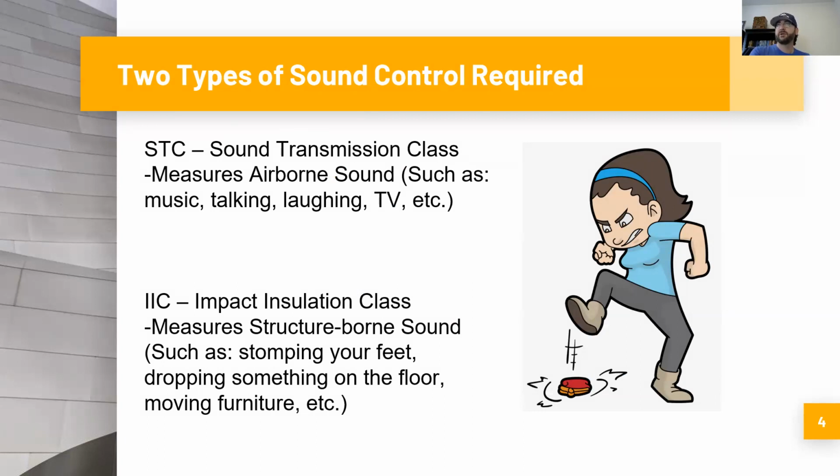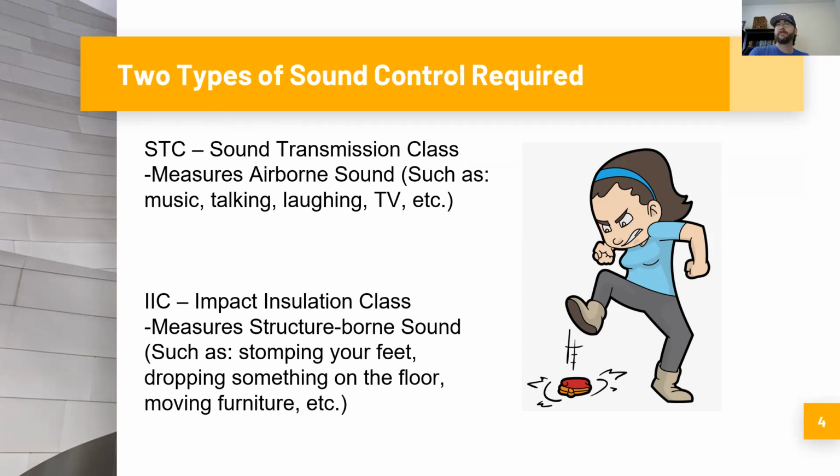The first one is measured by STC, the sound transmission class. That's going to be measuring the airborne sound, things such as loud music, talking, laughing, TV, etc. That's just vibrations through the air.